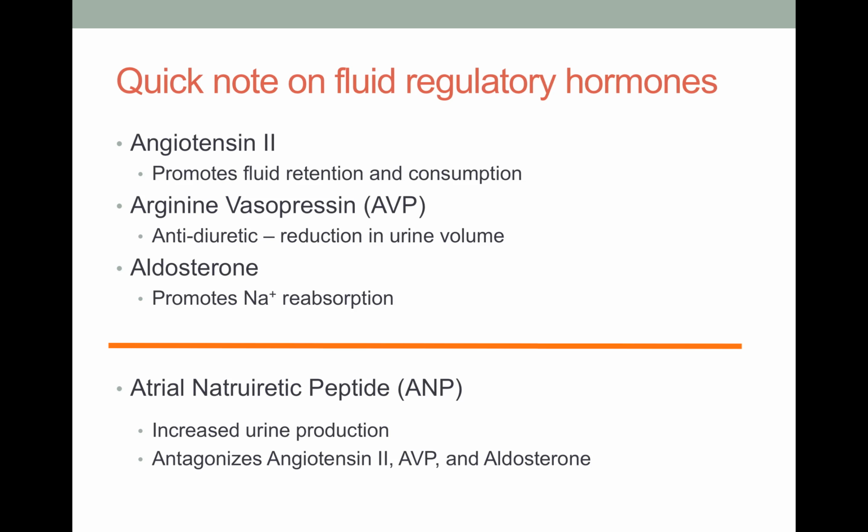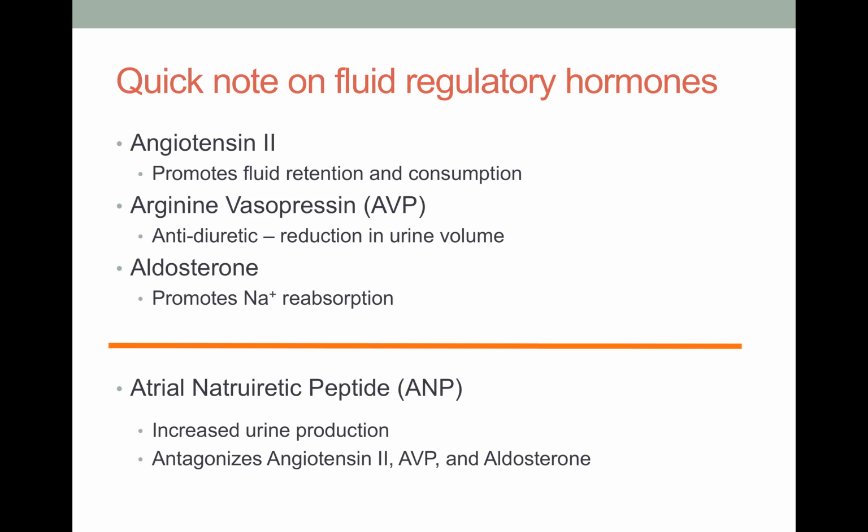And on the flip side, if you drink too much, you have the release of a hormone called atrial natriuretic peptide, or ANP. As the term suggests, atrial, its release is stimulated from the right atrium. So if you have an increase in blood volume, this is a great place to sense this, of course, because all blood goes back to the heart.